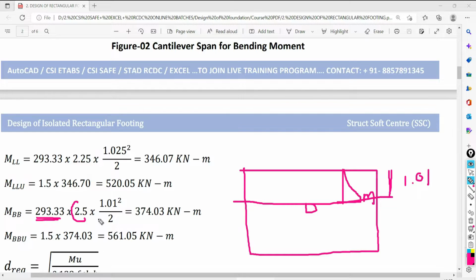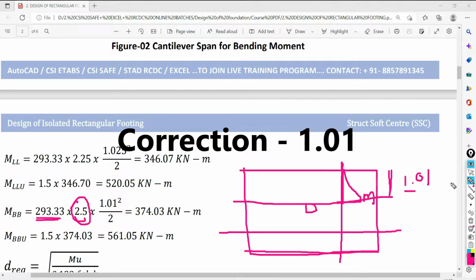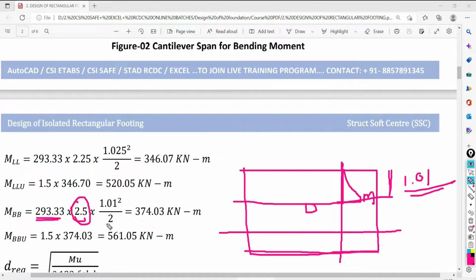So the width is going to become what? This length. We are making the calculation along the width, so this length will become the width for the calculation of the moment along this width direction. So that is 2.5 multiplied by 1.05 square divided by 2.